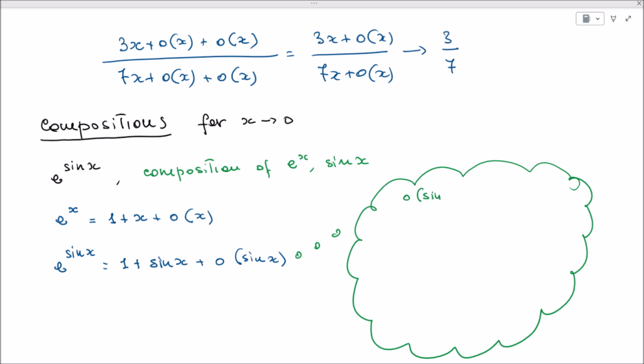Little o of sine of x is a function that can be expressed as some omega of x times sine of x, right? Good.